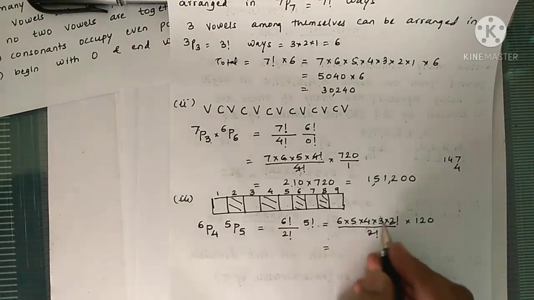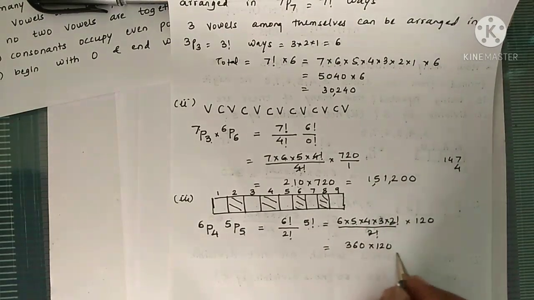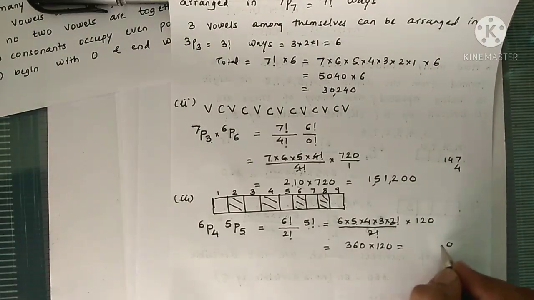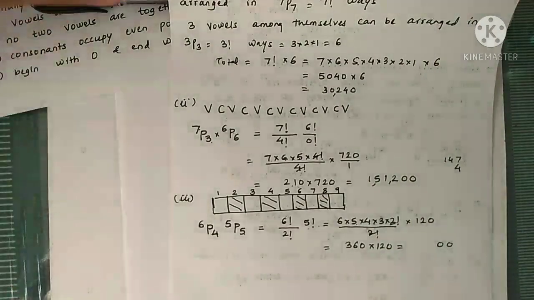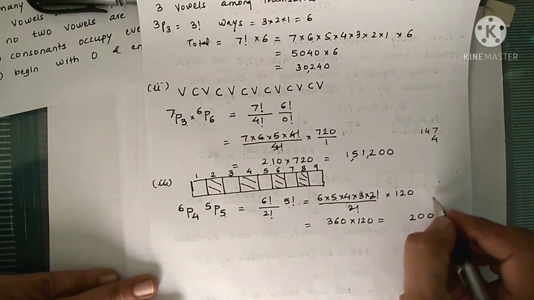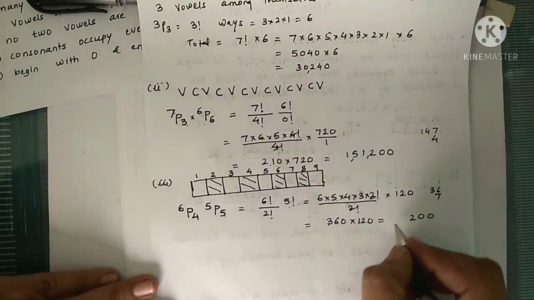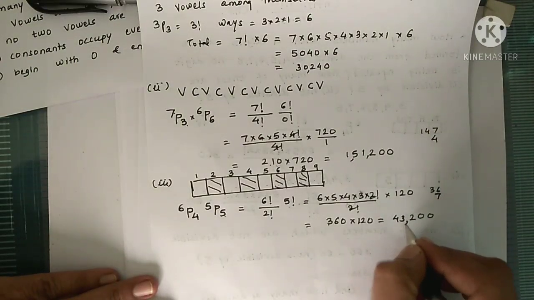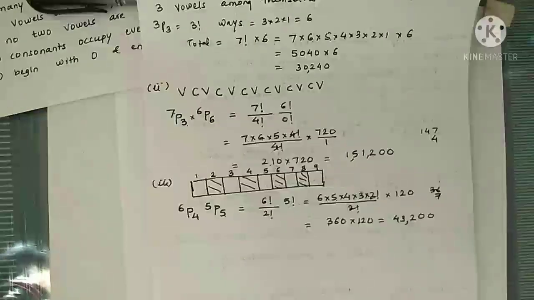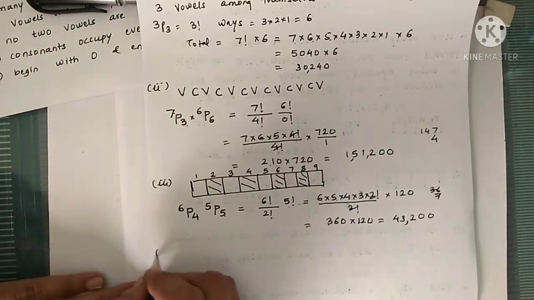This is 30 into 3, 360 multiplied by 120. So let's write these 2 zeros, then multiply 36 by 12. 12 6s are 72. Then 12 3s are 36 plus 7 is 43. So such types of arrangements are 43,200.